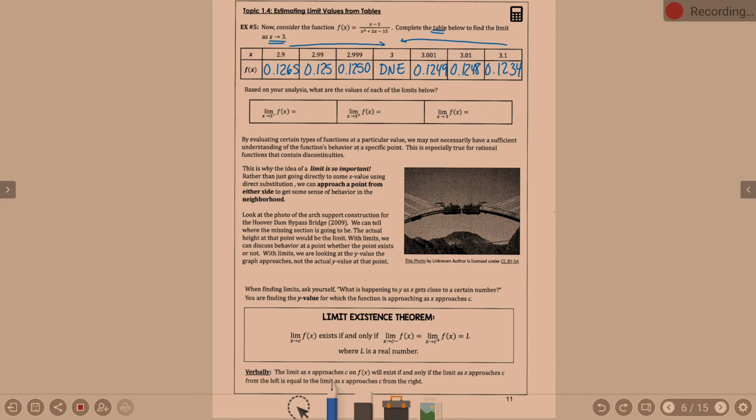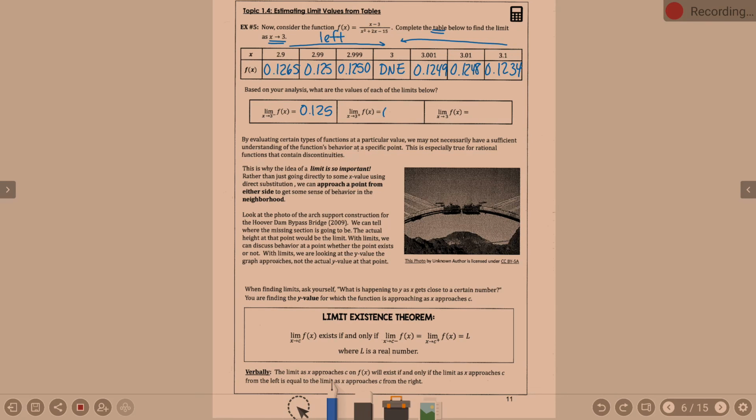From the left, as x approaches 3 from the left. This is from the left, yes? We're approaching 0.125. As we approach from the right, well, it doesn't actually show it, but what could you assume? It appears to be 0.125.